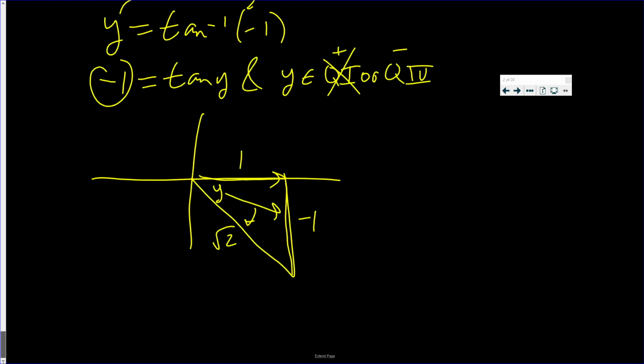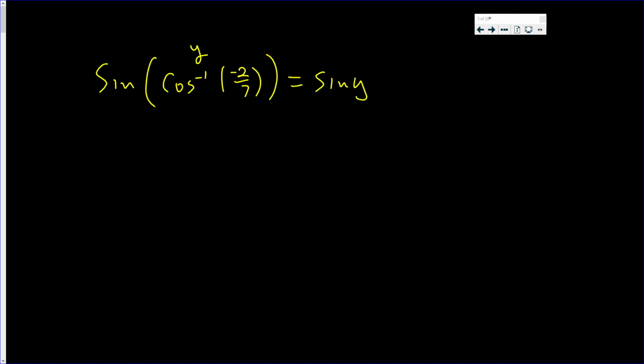Let us try one more at least. Suppose you were asked to find the sine of the cosine inverse of -2/7. So we call that y. So ultimately, we want the sine of y.